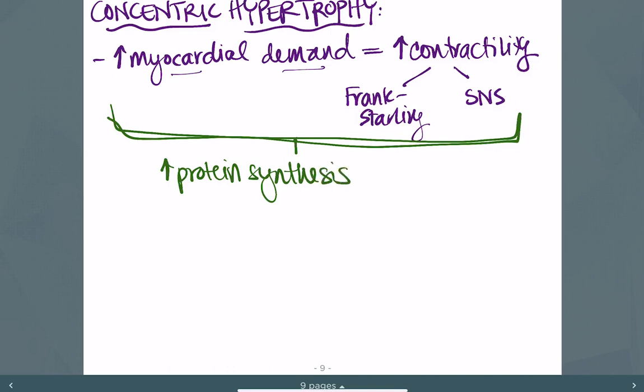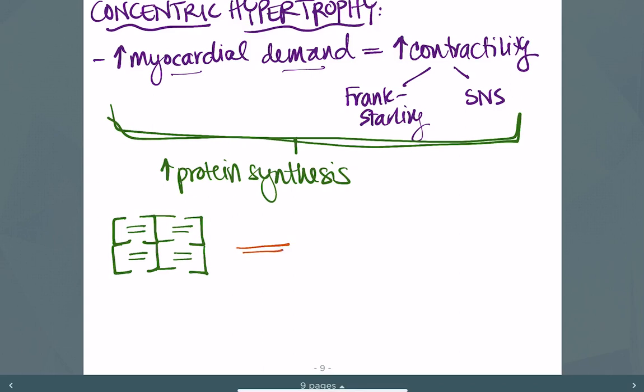We're going to build more proteins, but unlike eccentric hypertrophy in the heart, during concentric hypertrophy we are going to increase sarcomeres in parallel. So if we draw a before and after, here are some sarcomeres before. We can even draw a little clumping of them.